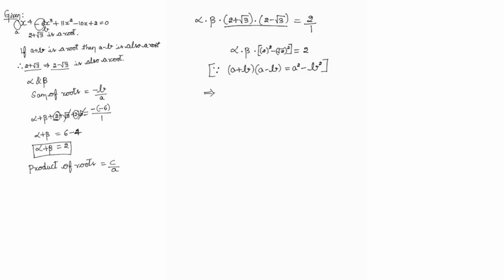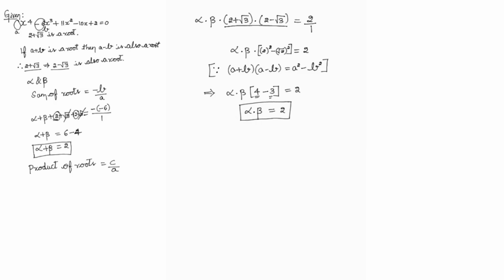Okay, so this implies alpha into beta into 2 square is 4 minus root 3 square is 3. That is equal to 2 on the right side. Now alpha into beta, 4 minus 3 is 1. So alpha into beta is equal to 2. We have this as another equation.